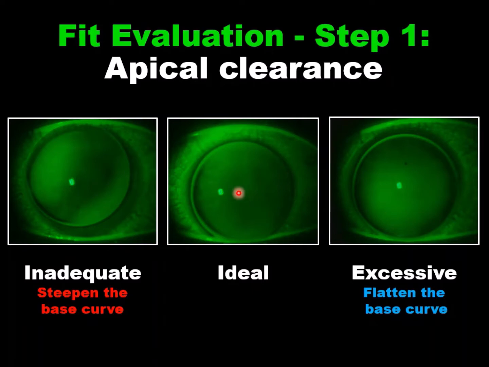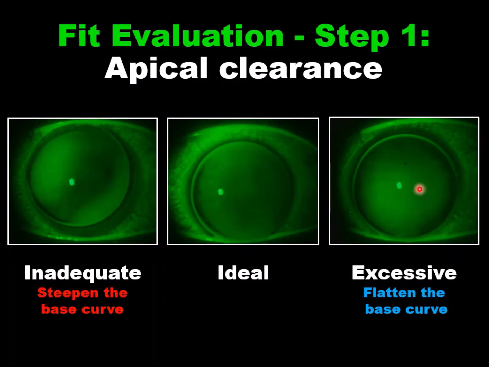If this happens, then we can land down in the mid-periphery and create the stability, the centration, and the comfort that we require. If the lens has inadequate clearance, if it hits the central cornea, it's more likely to decenter, in which case we want to steepen the base curve approximately a half diopter or 0.1 millimeters.